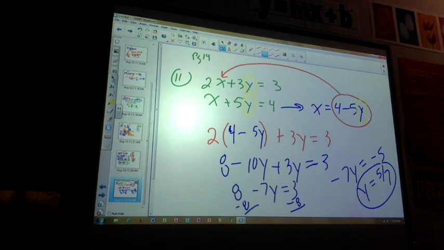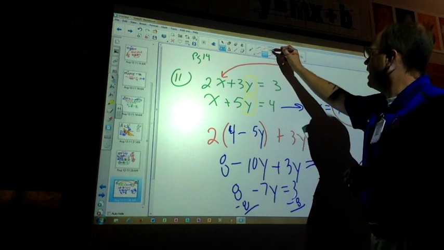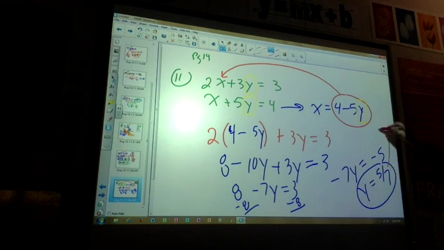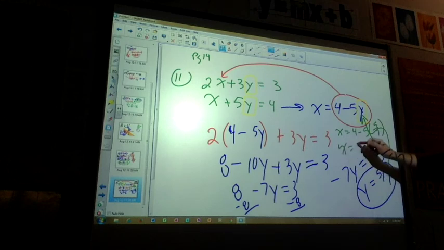Yeah, I modified the bottom equation to give me x equals 4 minus 5y. So I'm going to take this y value I just found and plug it in for that. So that gives me x equals 4 minus 5 times 5 over 7. Ooh, x equals 4 minus 25 over 7.